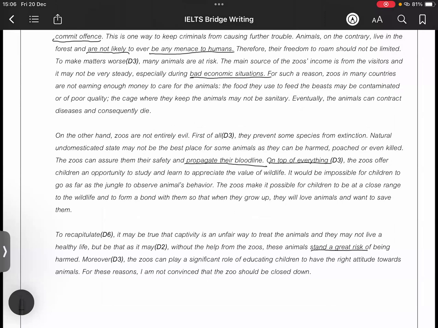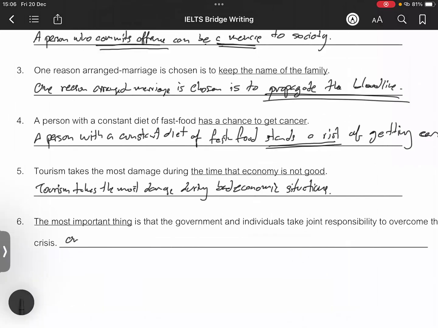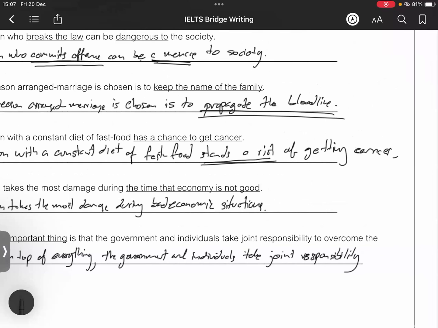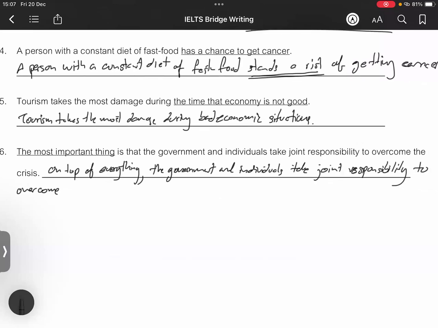So I can say on top of everything, the government and individuals take joint responsibility to overcome the crisis.